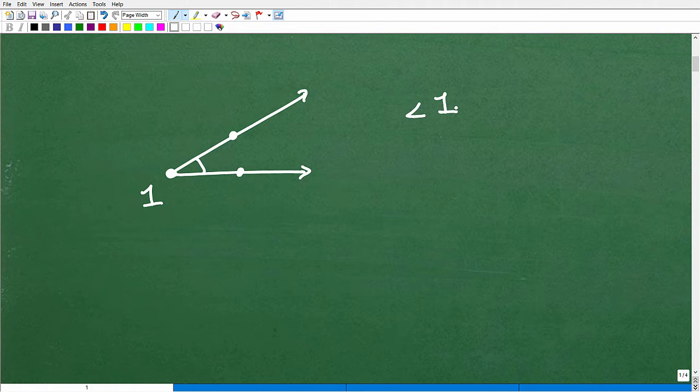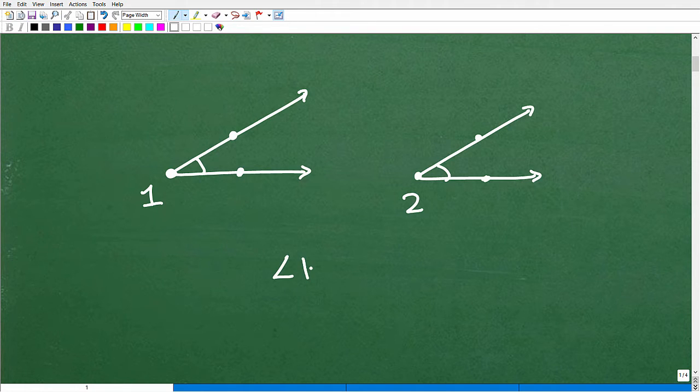Now let's leave angle 1 up there, and let's draw another angle and talk about angle 2. Let's imagine angle 2 is the exact same measure as angle 1. So we can say angle 1 is equal to angle 2.